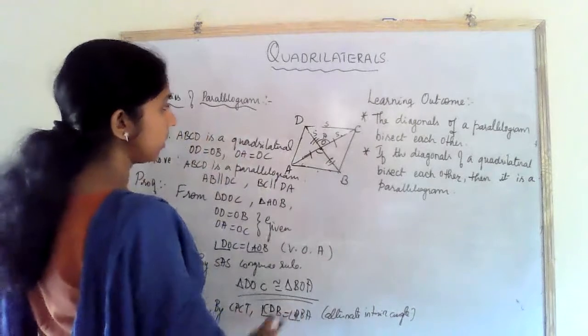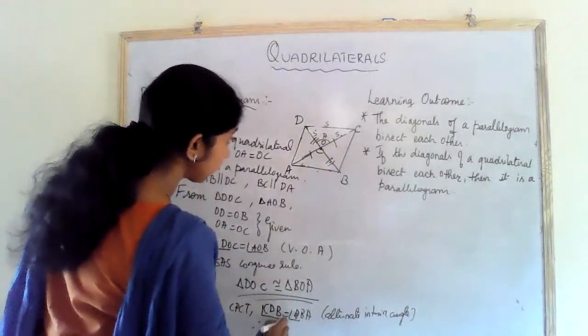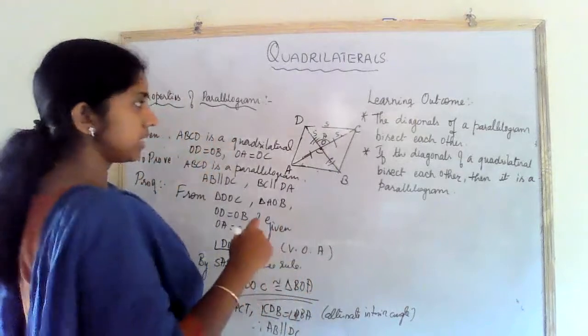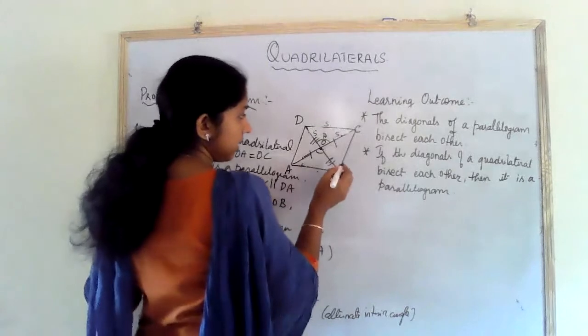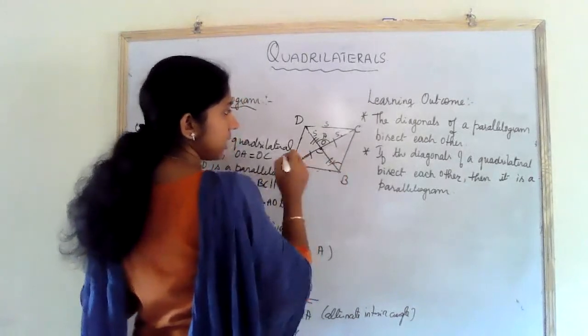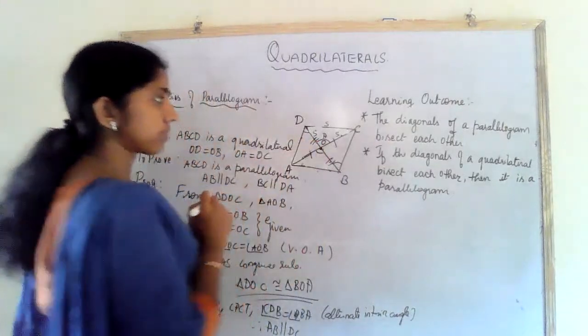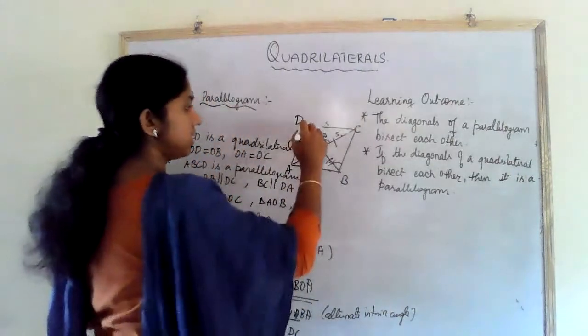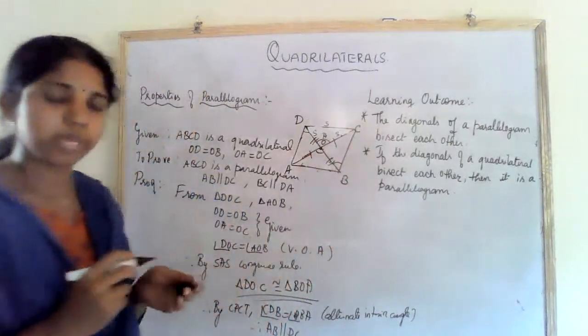So if these two are equal, we can say AB is parallel to DC. Similarly, you can prove that this angle is equal to this angle, taking this as a transversal. So you get AD parallel to BC.